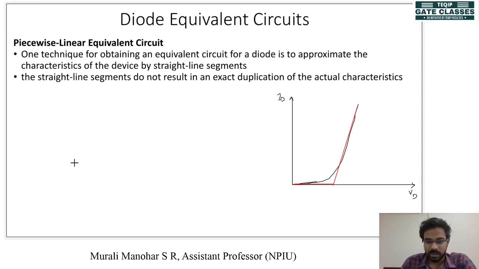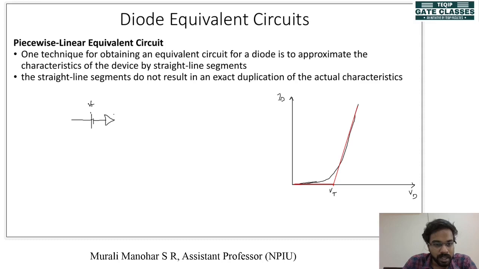Now we have a diode, there is a voltage Vt. Until Vt, the diode is not conducting. So this voltage Vt can be represented by a voltage source which has a potential of Vt. Then we have our ideal diode.